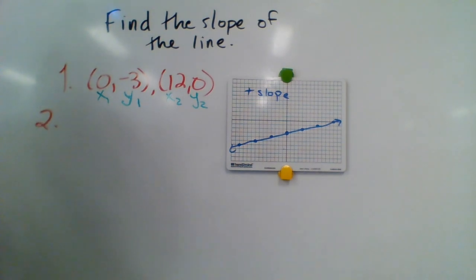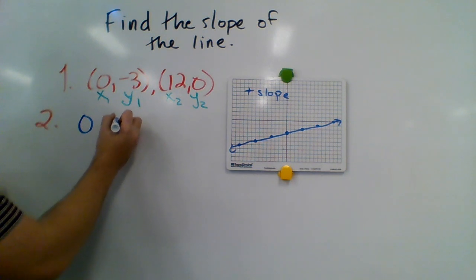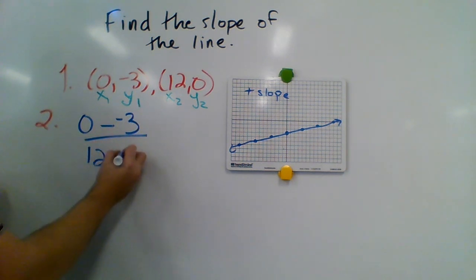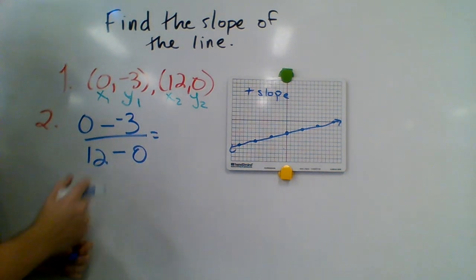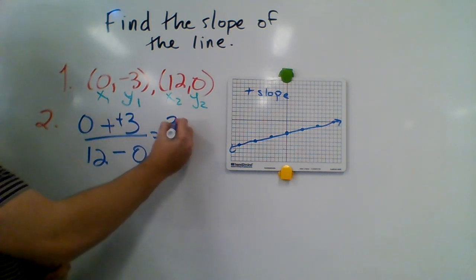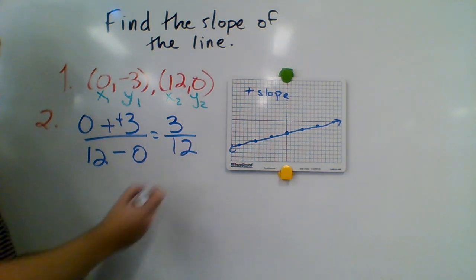All right, I'm going to plug it in here. y2 minus y1 over x2 minus x1. All right, minus a negative turns into plus positive, so 0 plus 3, that's just 3. 12 minus 0, that's just 12.